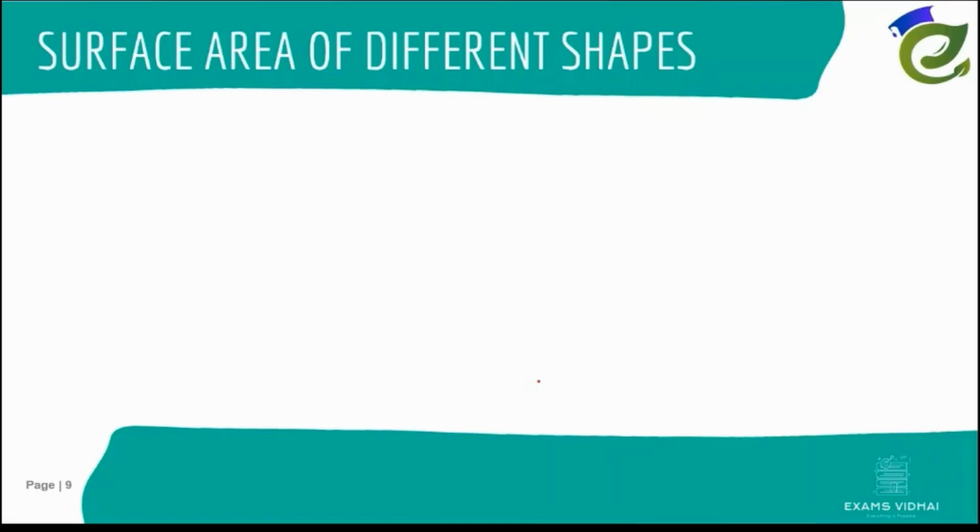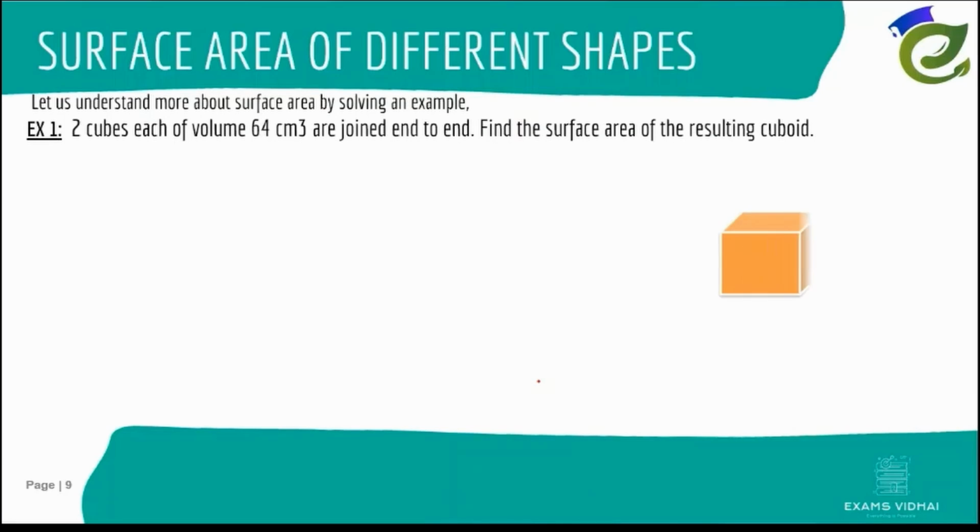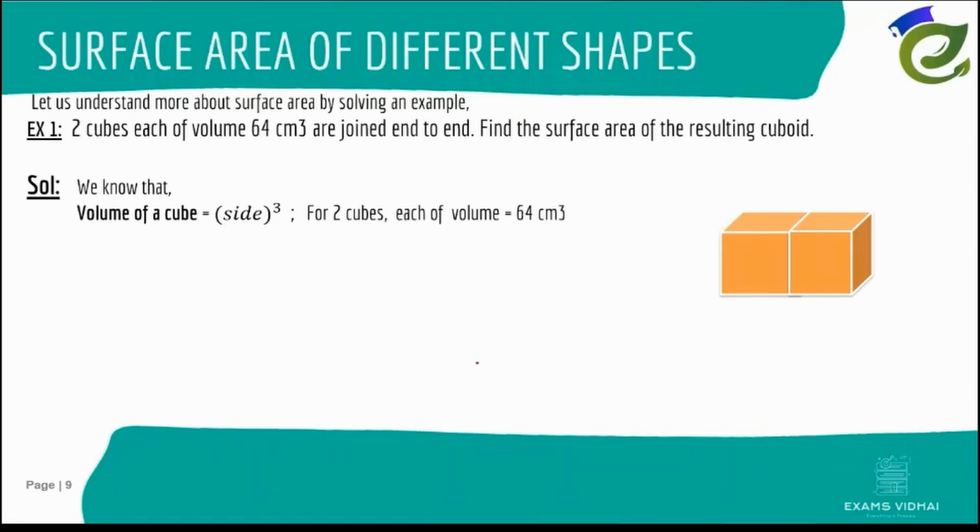So now let us understand more about surface areas by solving a problem. It is given that two cubes, each of volume 64 centimeter cube, are joined end to end, and we must find the surface area of the resulting cuboid.